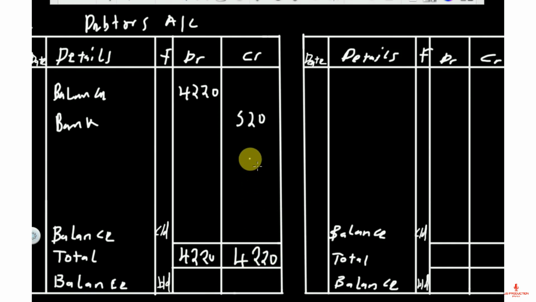We're going to have 3,700. So we're going to have 3,700, and that means that we have balanced up our accounts. So the only thing that we're going to do is to get our balance breakdown for each account there.